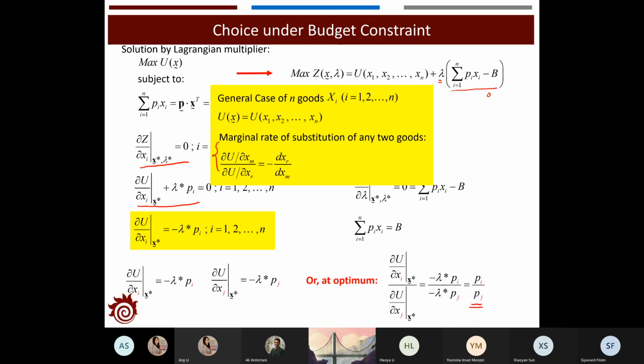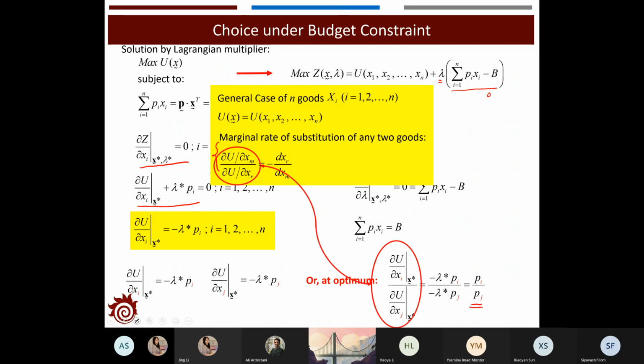The marginal rate of substitution will be the minus inverse of the ratio of the two first partial derivatives. So this is consistent with what we have already derived.